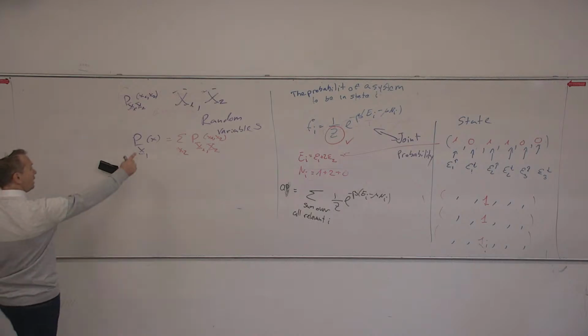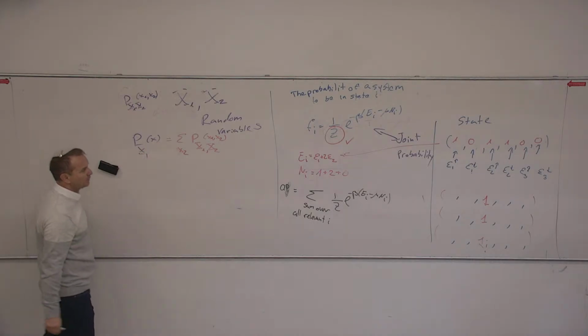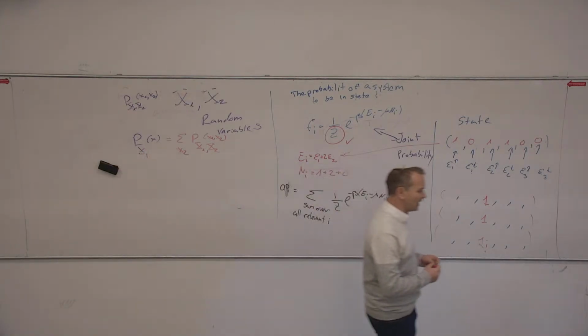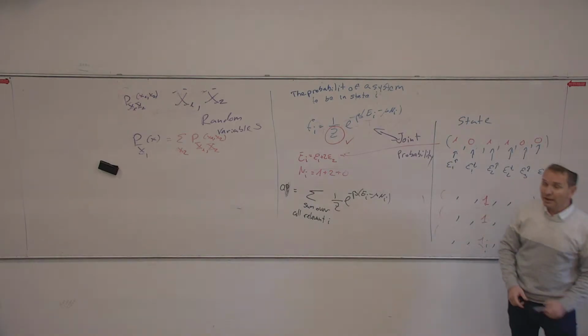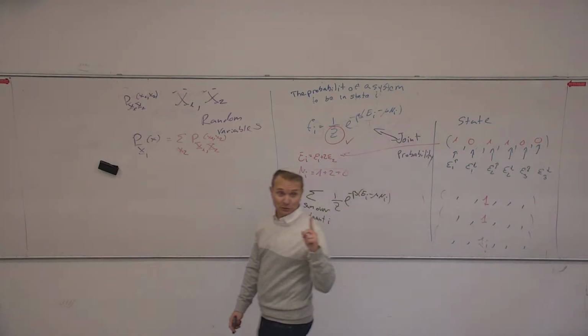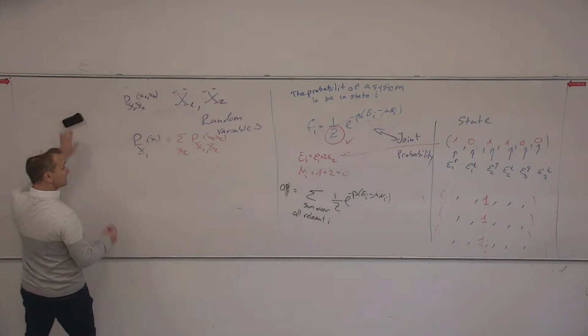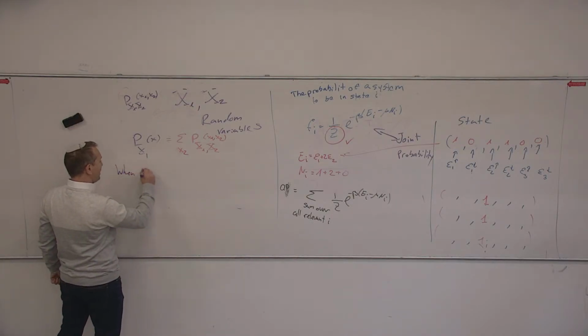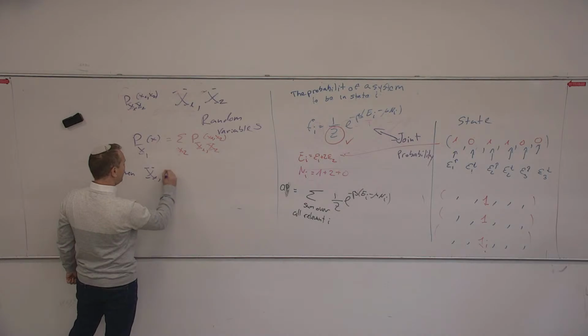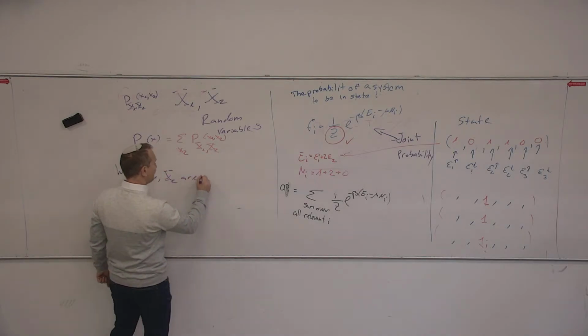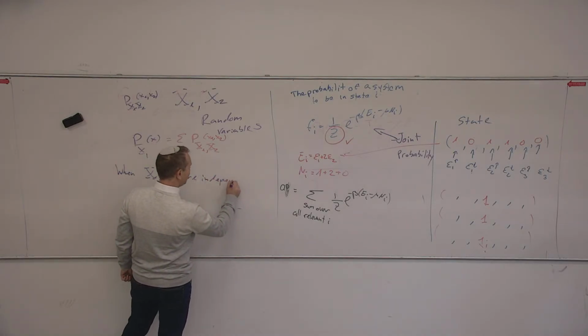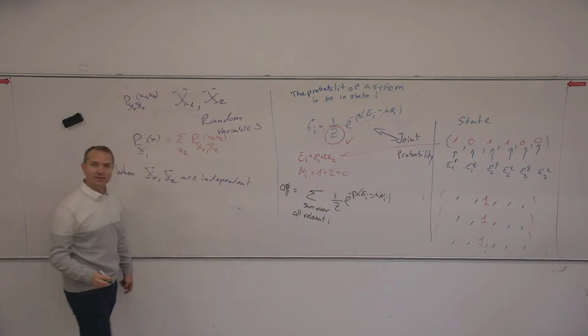All right, now, so we sum them up, we have this probability, yes, we have to sum everything, but there is one exclusion: the case when x1 and x2 are independent. What happens when they're independent?